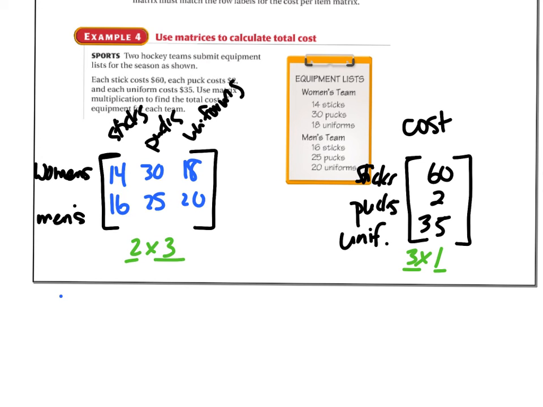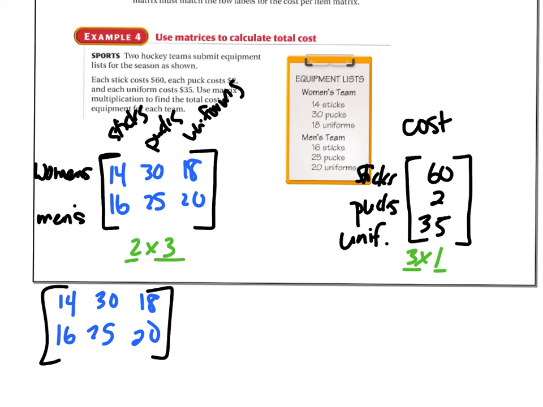So let's take these matrices and write them right next to each other and get them ready for multiplication. And I am multiplying that by the cost matrix, which I guess I'll do in green, 60, 2, and 35. So now let's multiply these things together.